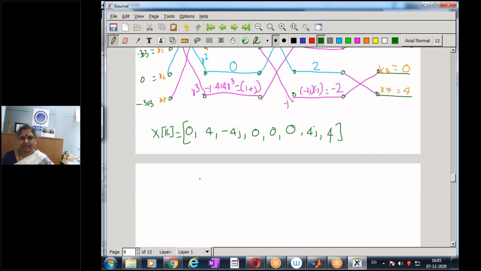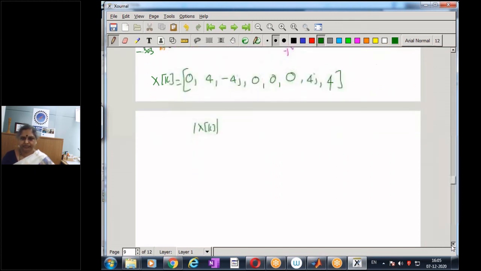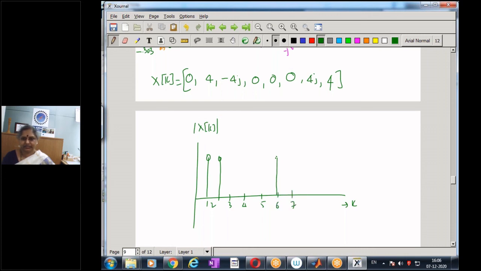So if I try to plot my magnitude spectrum, how is my magnitude spectrum? At 1, it's a 4. At 2, the magnitude is a 4. 3, 4, 5, 6, and 7. At 6 and 7 also the magnitude is a 4, and all other terms are 0. So this is an expected result, a magnitude being 4.